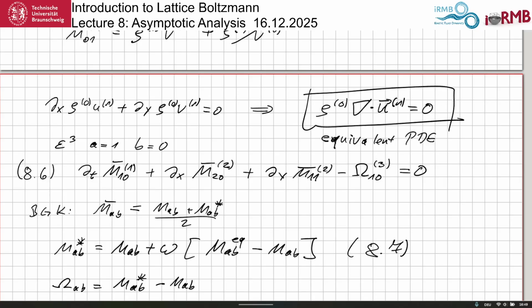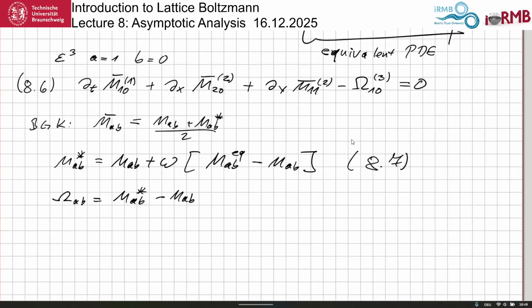And I think I've done this already, but for self-containment, yeah, again, we can rewrite this as MAB before collision is the intermediate minus 1/2 the collision part here, and post-collision is the MAB average plus half of the collision part.